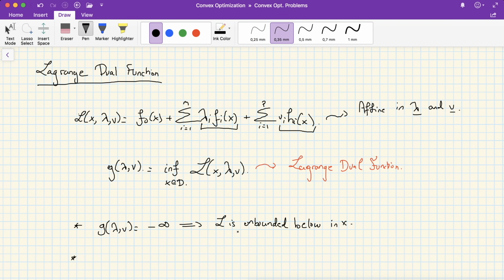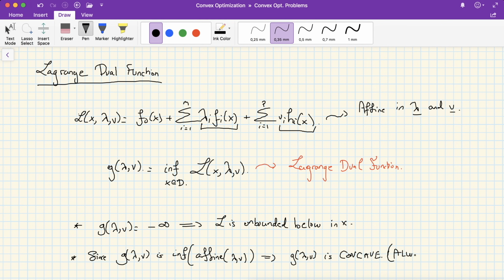Now since G(lambda, mu) is an infimum of affine functions in lambda and mu, G(lambda, mu) is concave, even when the problem is not convex. This is always true, regardless of the nature of the problem.